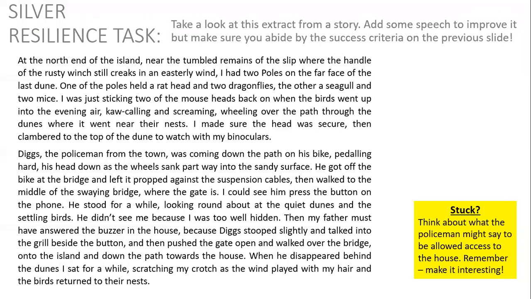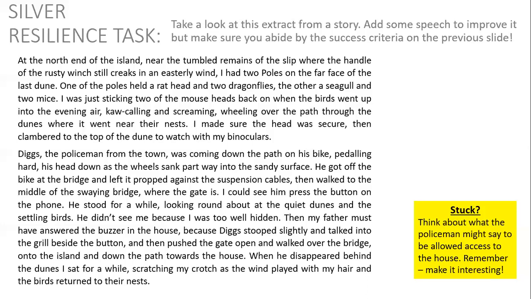So read it first, okay, and then think to yourself, right, how am I going to add speech into it? Now you'll notice the little yellow square in the bottom right hand corner. If you're stuck, think about Diggs the policeman. Think about what he might want to say, what would he say to make sure he gains entry to the house at that point.